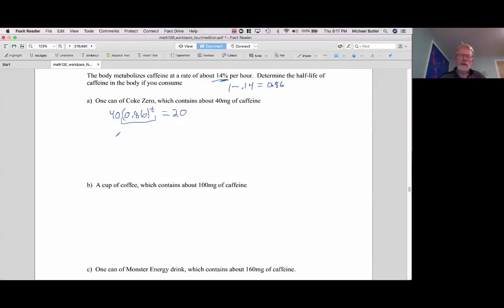Okay. All right, so we divide out the 40 from both sides. If I divide 40 from both sides of this model here, notice what ends up happening is we get 0.86^t is equal to 1/2, don't we? So far, so good? Mm-hmm. Okay, cool.